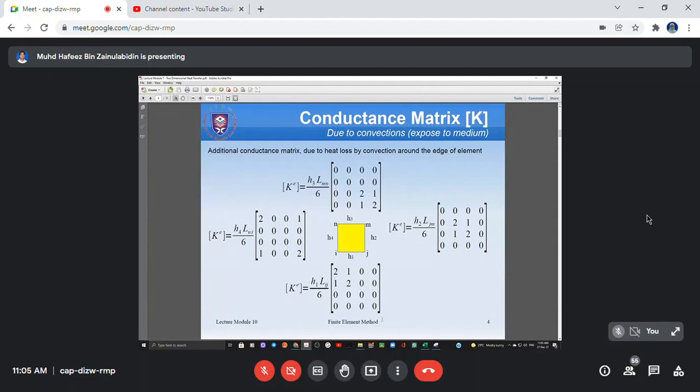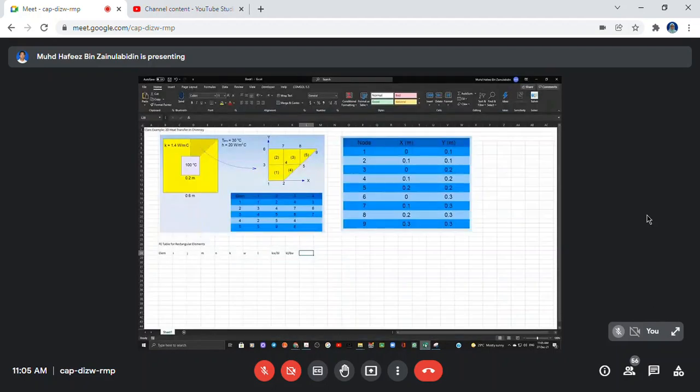So L here has the same value, so we don't need to put Lij, Ljm, we just put L. And actually L here is equal to W. Capital L has a similar value to W. W is the width, L is the length.